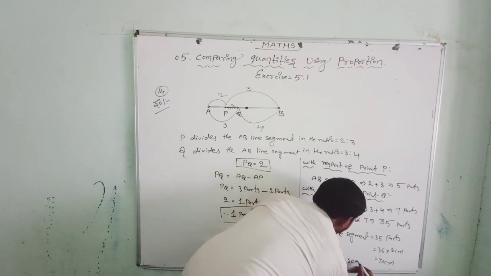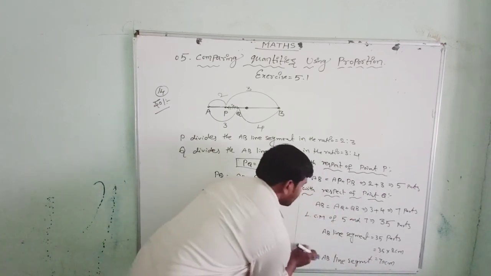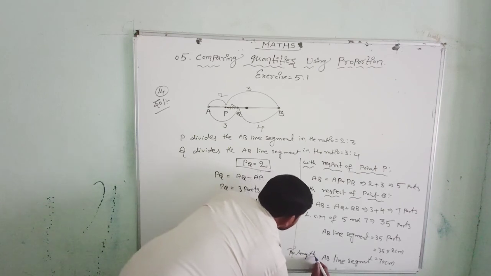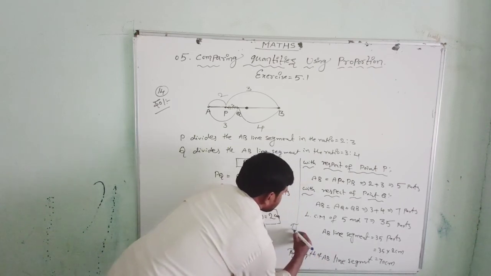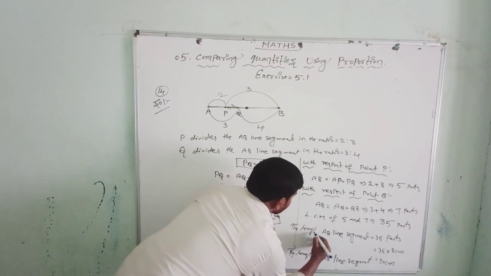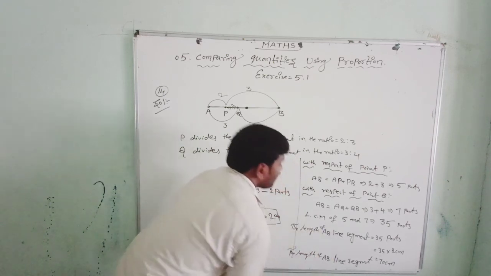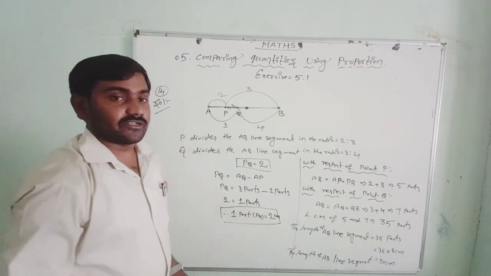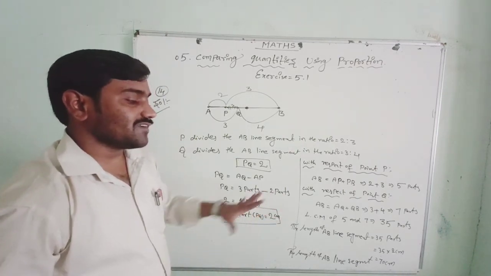Therefore, the length of the AB line segment equals 35 parts. Each part equals 2 centimeters. Total 35 parts equal 70 centimeters.